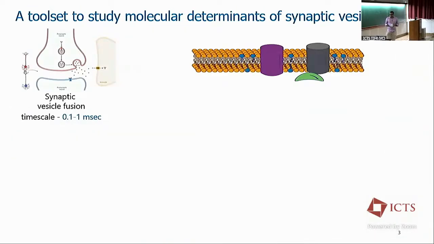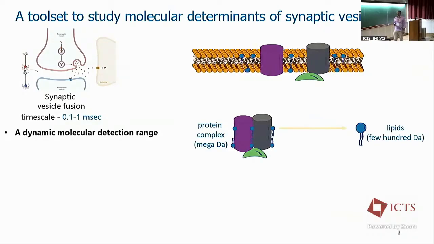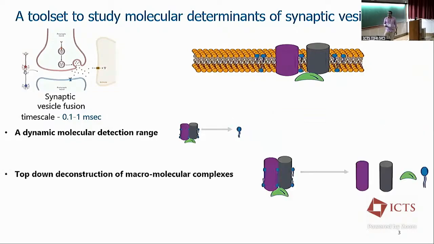As you now understand, everything is happening in the membrane, so to study these protein-lipid interactions you need a toolset with a dynamic molecular detection range, capable of detecting megadalton protein complexes all the way down to lipid molecules of a few hundred daltons.